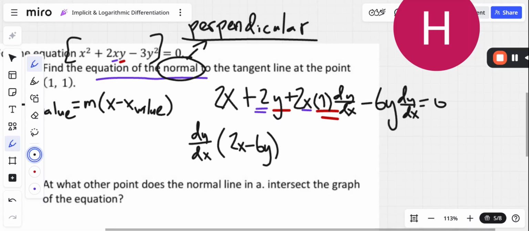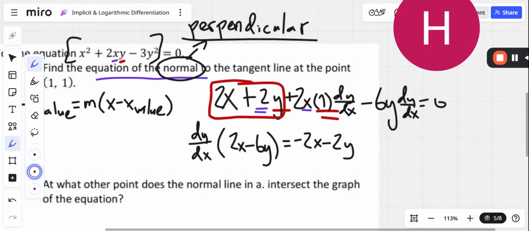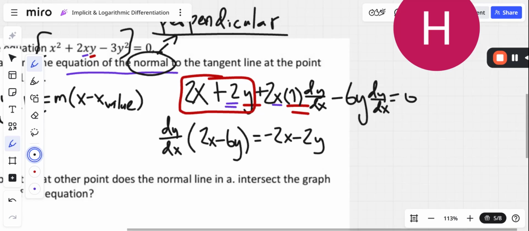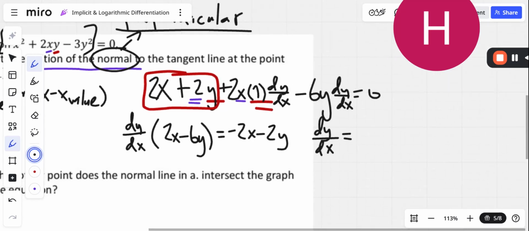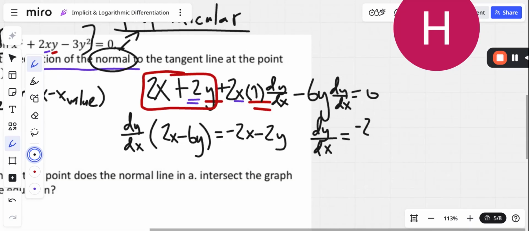Then on the other side, we will have moved negative 2x and negative 2y. These two things got subtracted over. And so dy/dx, which is the parallel or tangent slope to the graph, is negative 2x minus 2y over 2x minus 6y. And we can go ahead and now plug in the point 1, 1.